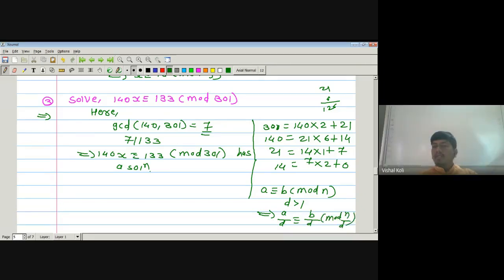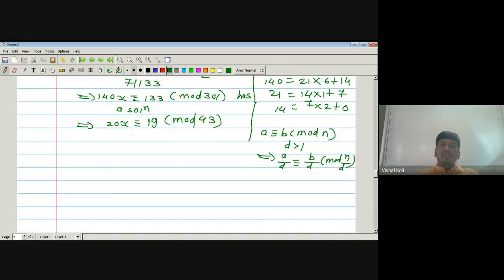As 140, 133 and 301 are all divisible by 7, dividing 140 by 7 gives 20x, 133 divided by 7 gives 19, and 301 divided by 7 is 43. Which implies 20x is congruent to 19 modulo 43.